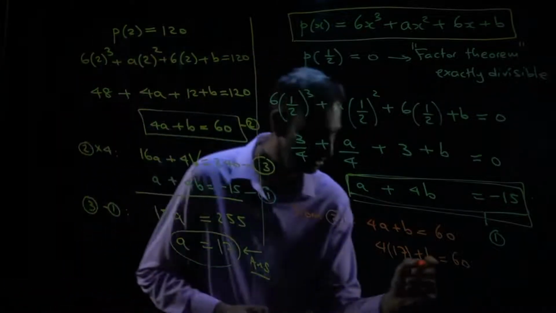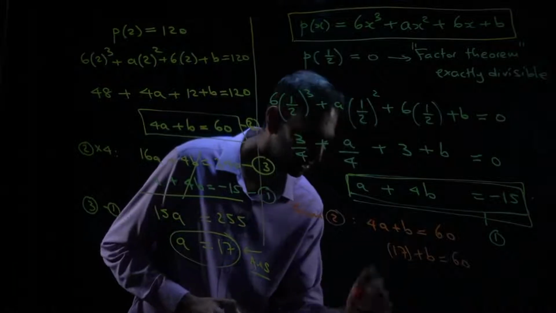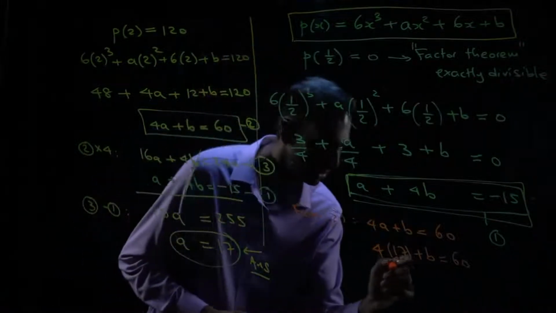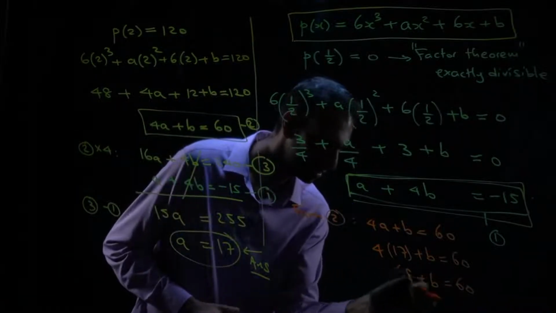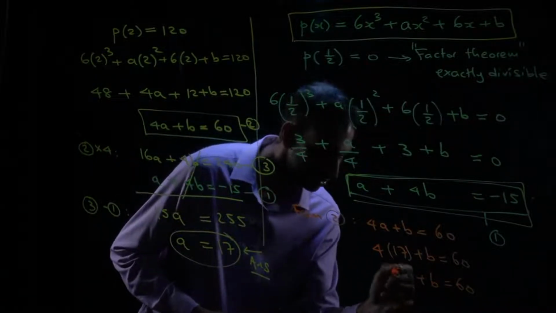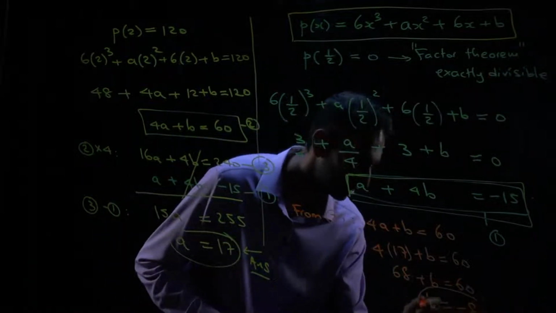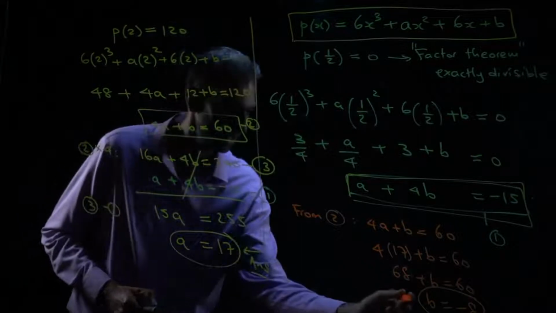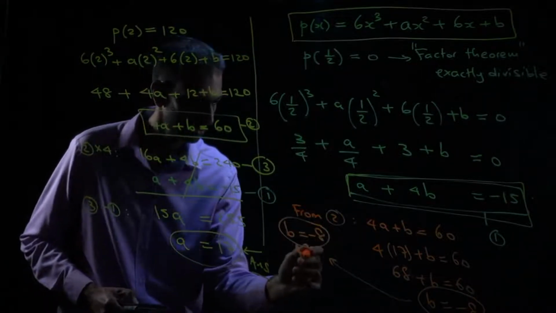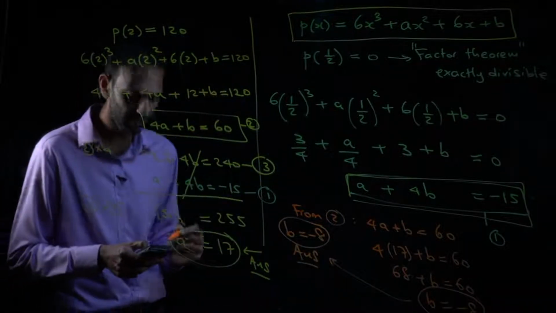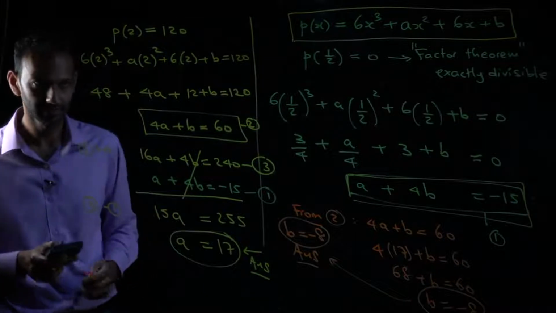So straightforward. 4 times 17 is 68 plus b is equal to 60. So b is equal to 60 minus 68, which is minus 8. So we got the two values, a is equal to 17 and b is equal to minus 8.